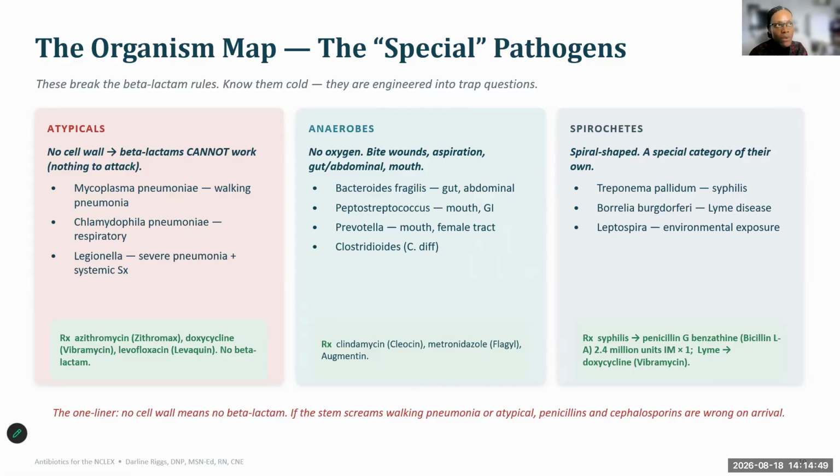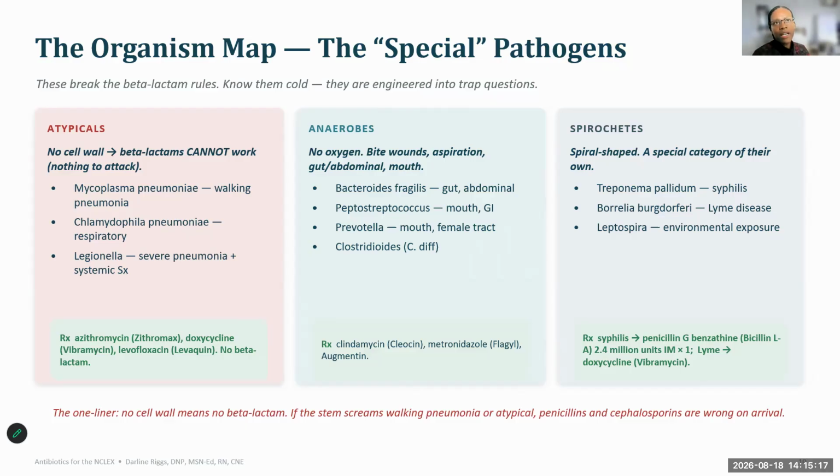Your anaerobes, no oxygen, right? The bites, the aspiration, the GI tract, okay? Deep in your gut. Imagine, very dark there, no oxygen. So clindamycin, okay? Flagyl, Augmentin. For your spirochetes, okay? Syphilis, Lyme disease, you want to go to your penicillin, okay?